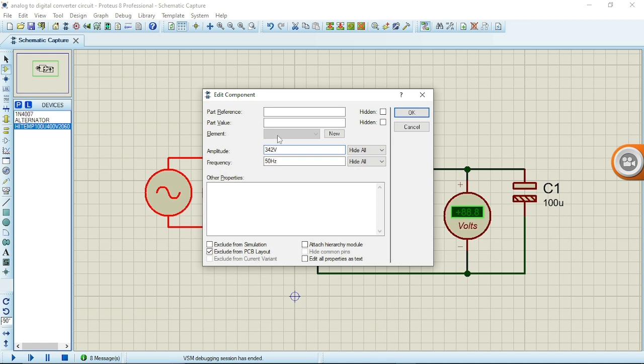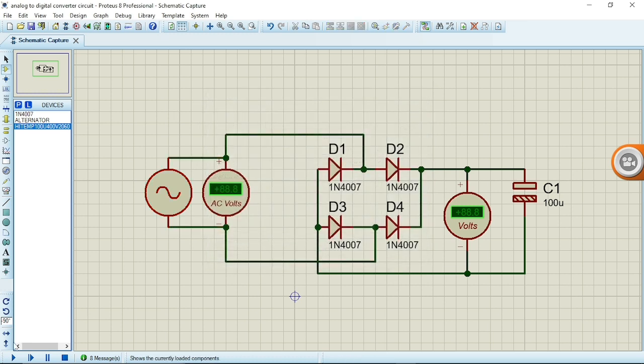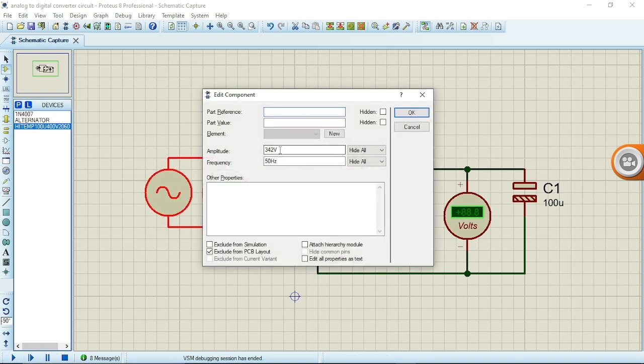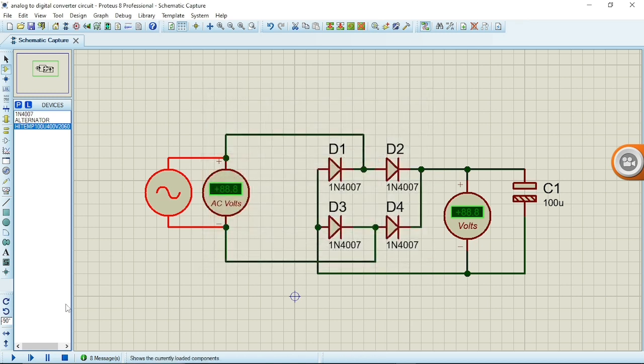I think 342 volts amplitude is 300 volts. No, 242, sorry. I think 424. Okay, we have 300 volts here, so 300 volts times 1.414 will give us 423 or 424.